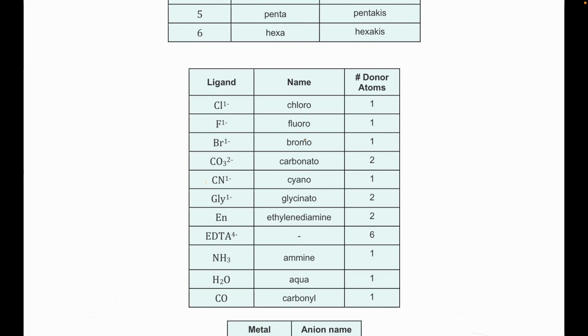What if I had something like, give me the coordination number in these 2 compounds here.